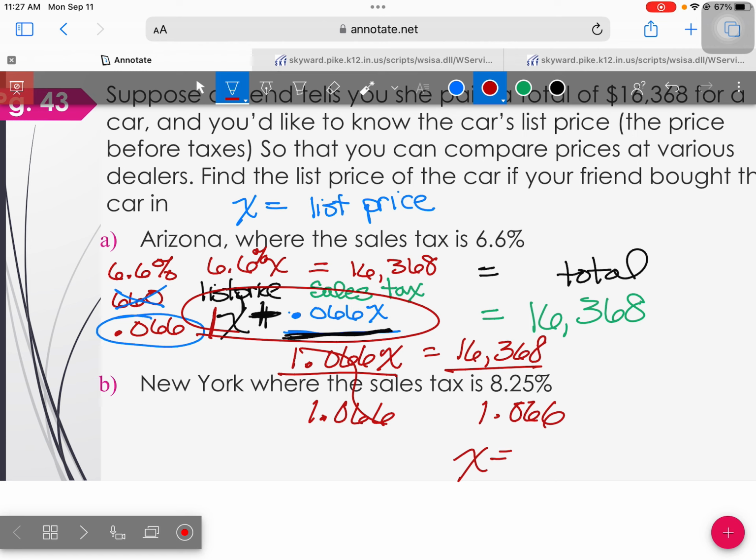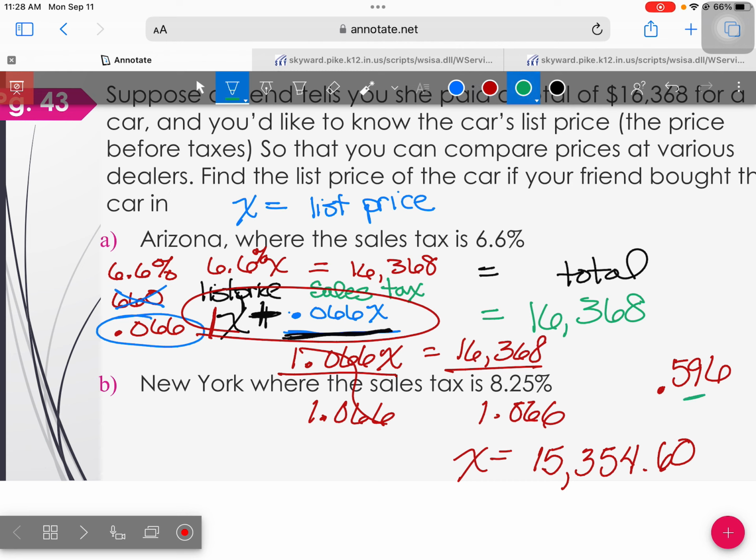has anybody got a calculator? 16,368 divided by 1.066. It is $15,354.60, because you ended up at 596, but we know we're talking about dollars and cents.